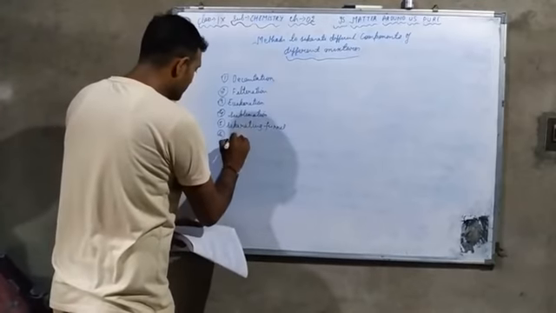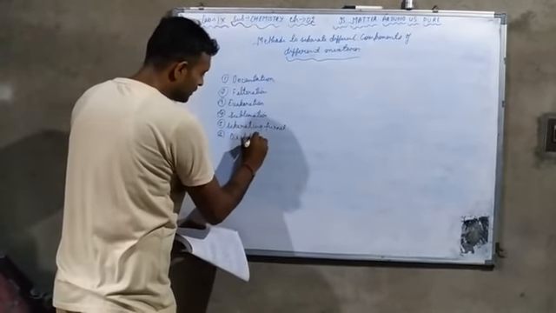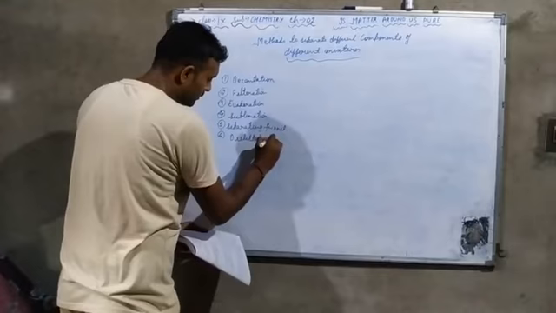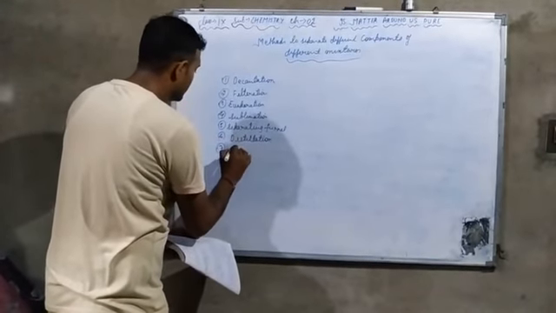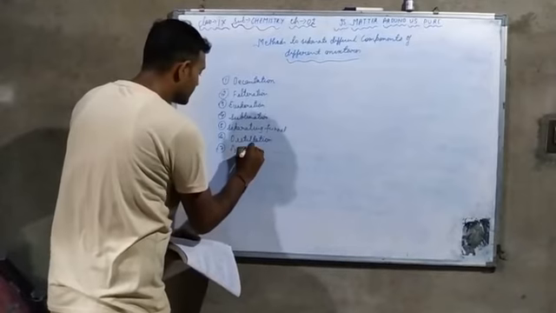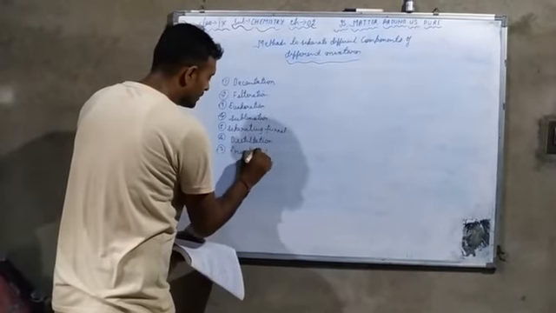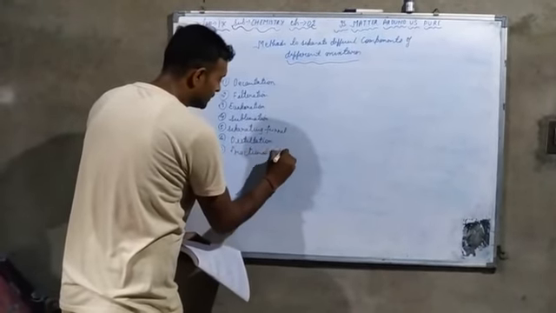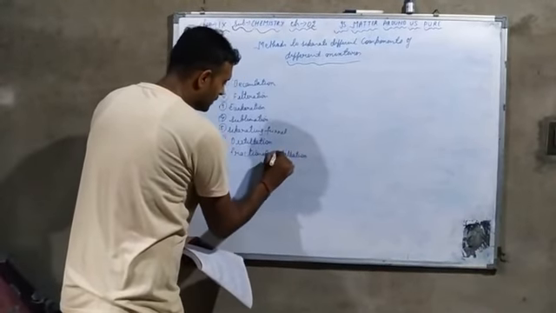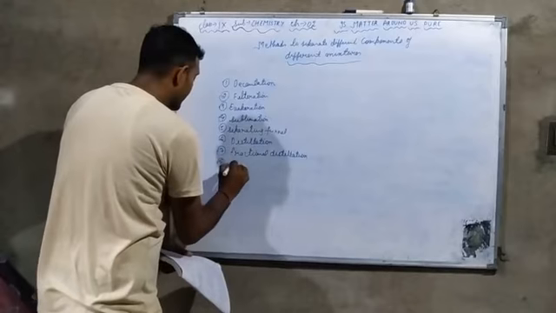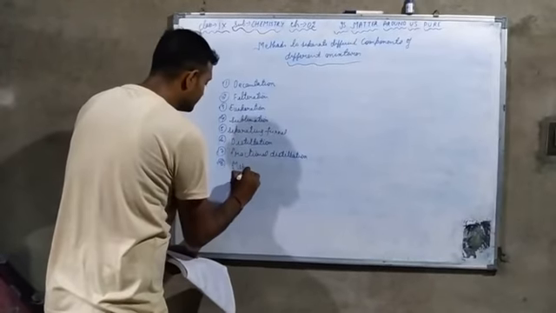Then sixth, distillation. Then seventh, fractional distillation. Eighth, magnetism.